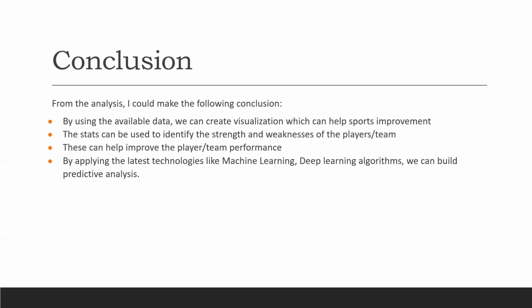This can also improve player performance, with key areas to improve, and strategies we can build based on the player's key strengths and weaknesses. By applying the latest technologies like machine learning and deep learning algorithms, we can build predictive analysis models, and take the visualization and the analysis to the next level.